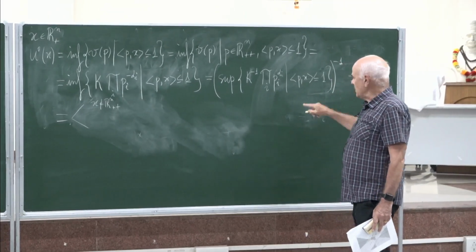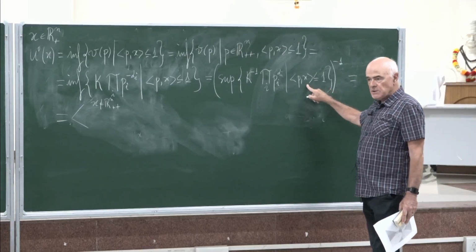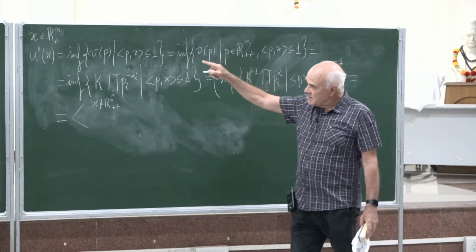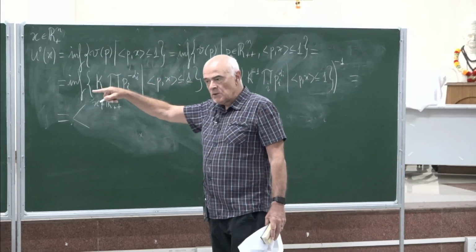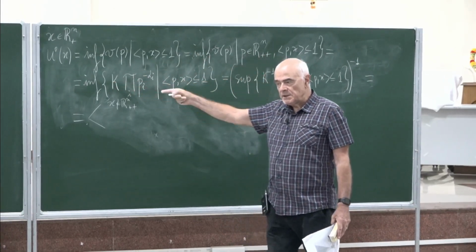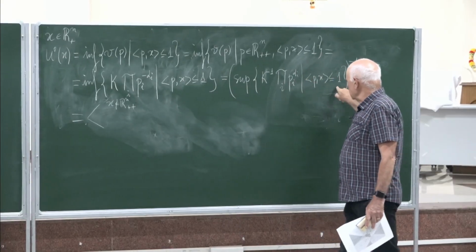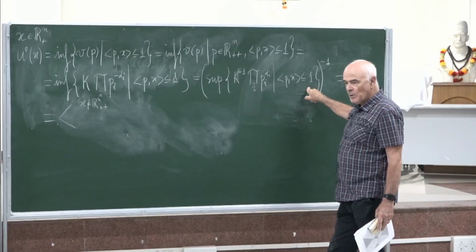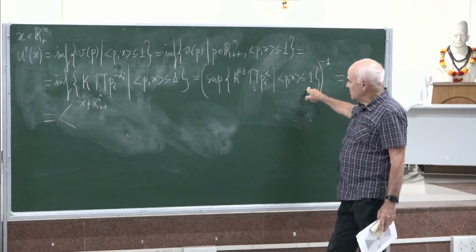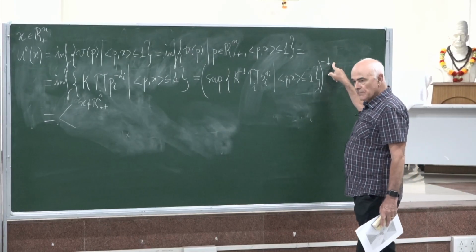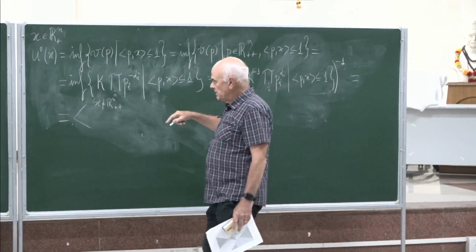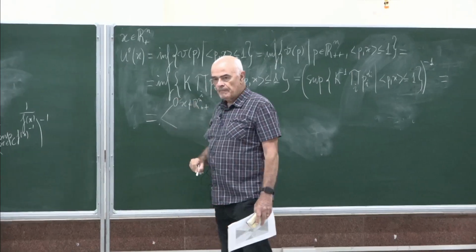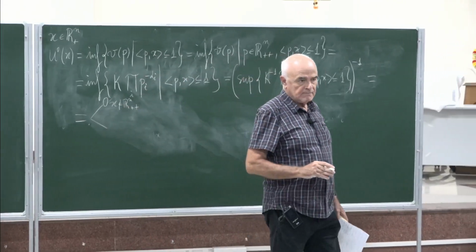If some component of x is 0, we saw it when some component of p is 0, then v of p was plus infinity. Now this is plus infinity if some component of x is 0. But then we take the inverse. 1 over plus infinity is 0. So this case is done.